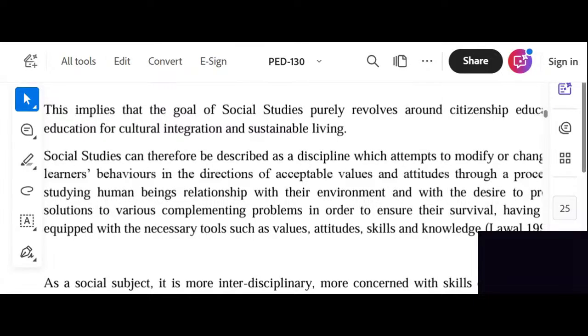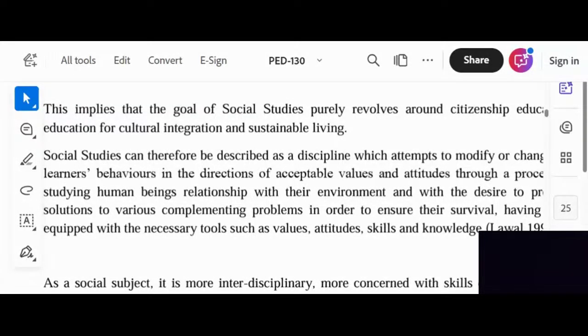It provides a switch in behavior. It cultures your learners, the way they should behave in the society, the way they should act in situations. So that is the work of social studies. So this definition is very important.